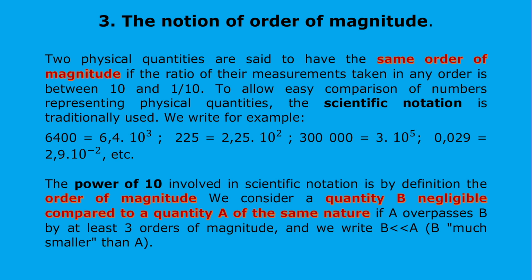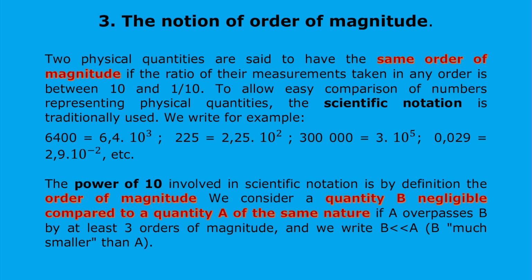We write, for example, 6,400 equals 6.4 10 power 3. 225 equals 2.25 10 power 2. 300,000 equals 3 10 power 5. 0.029 equals 2.9 10 power minus 2, etc. The power of 10 involved in scientific notation is, by definition, the order of magnitude.